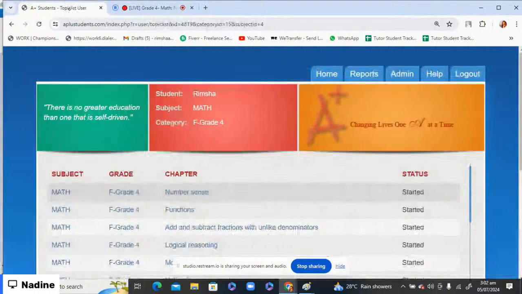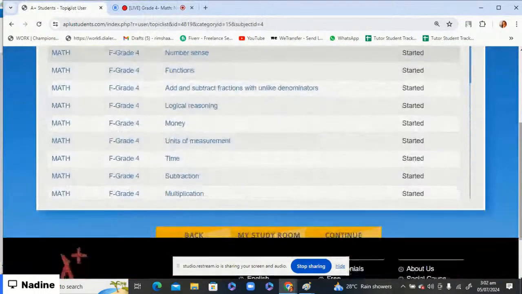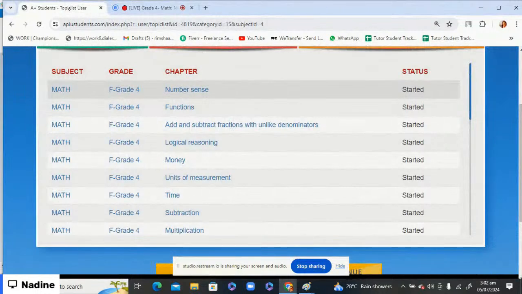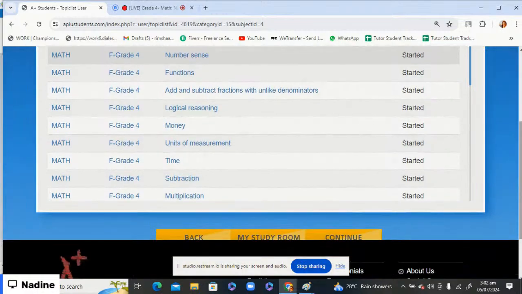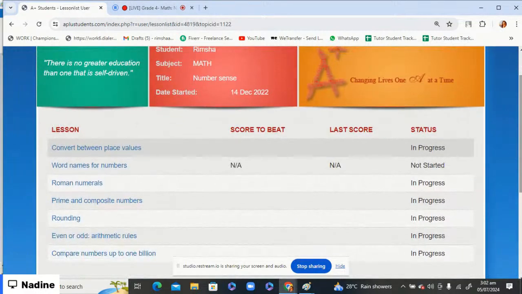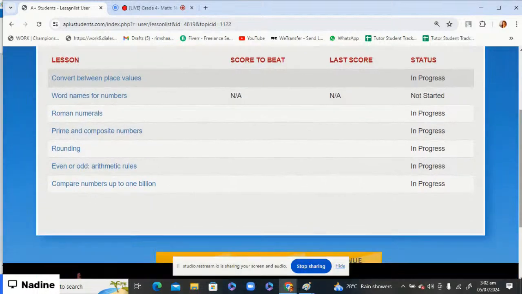Here is the list of chapters and lessons, so you can click. For example, today we discuss the very first lesson, number sense. I'm going to click this one, and here is the list of the lessons. The lesson we start with today is convert between the place values.